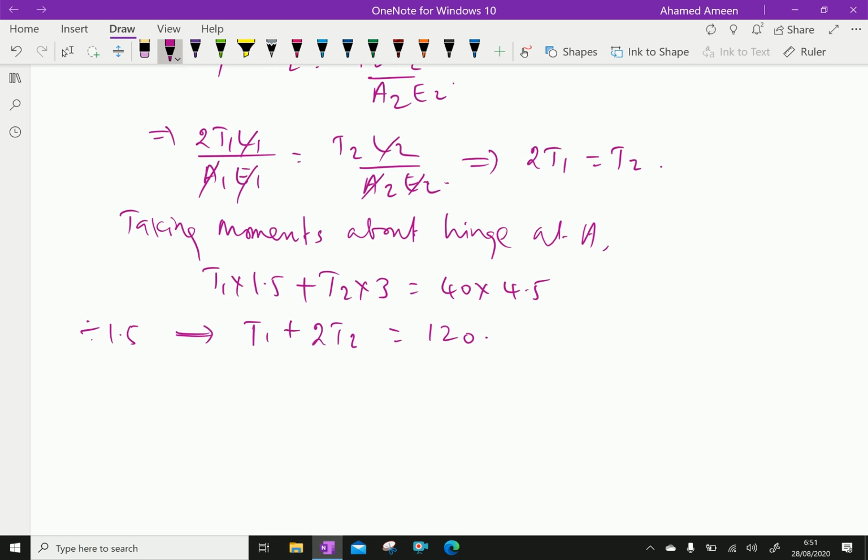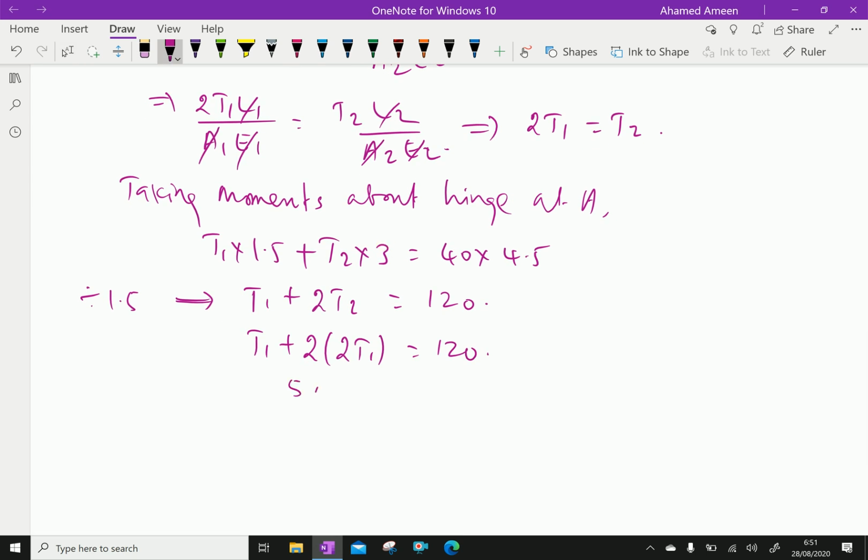Now, we already have the relation T2 equal to 2 T1. Therefore, T1 plus 2 into 2 T1 equal 120, which gives 5 T1 equal to 120.